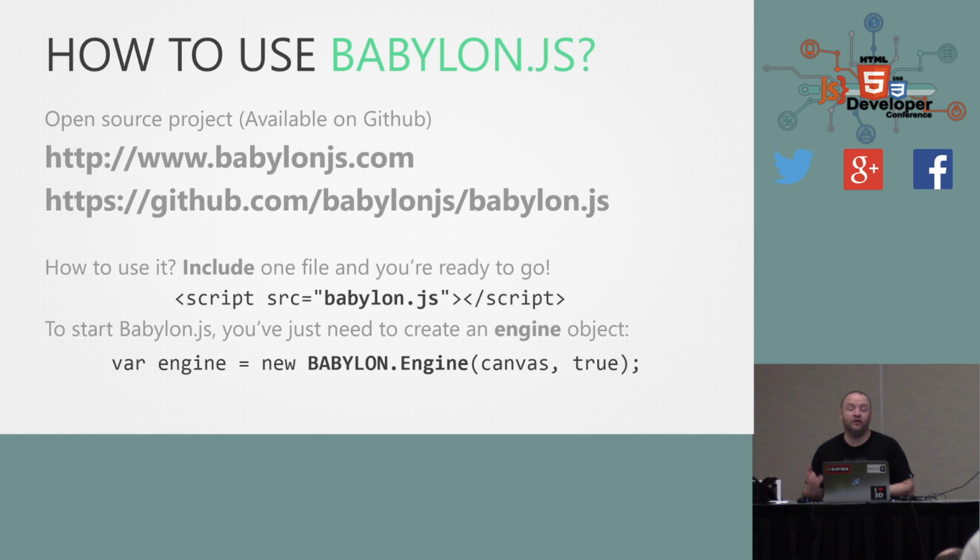You deal with the GPU, you are near to the metal, and sometimes it could be really hard to, for instance, use mathematics or shaders or things like that. We decided to create Babylon.js in order to allow all web developers to create 3D world without having the burden of dealing with all the internal plumbing, right?